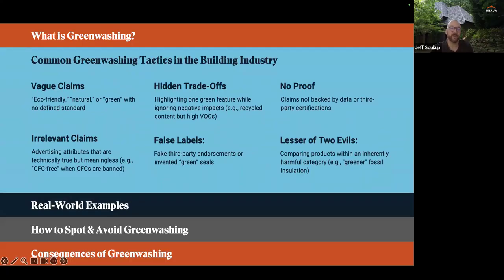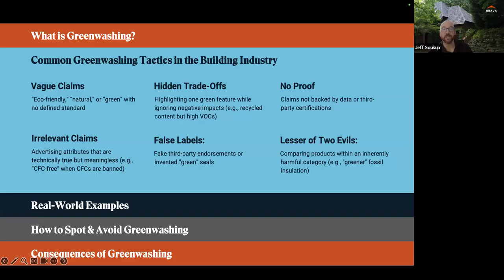Hidden trade-offs. So it's no VOC, or this is a really great product, super recyclable, but high VOCs. No proof, not backed by third-party data. Anybody can make a claim. They'll probably face lawsuits eventually, but you need to make sure that claims are certified.